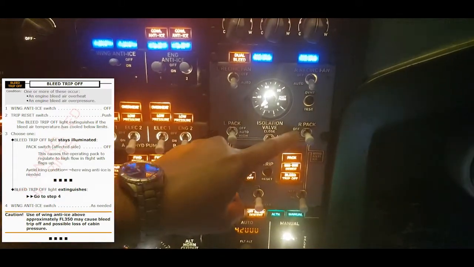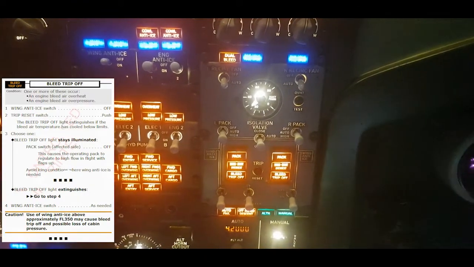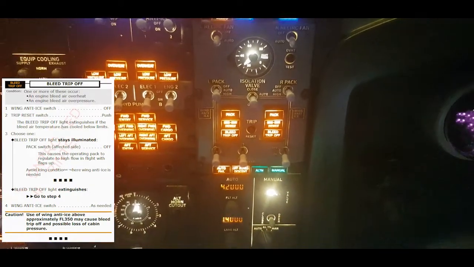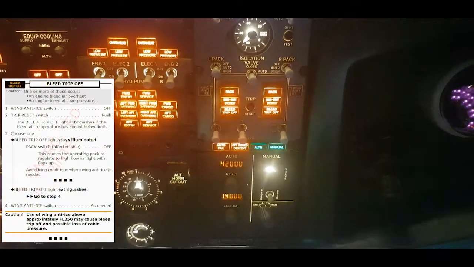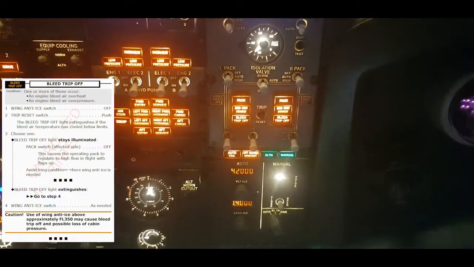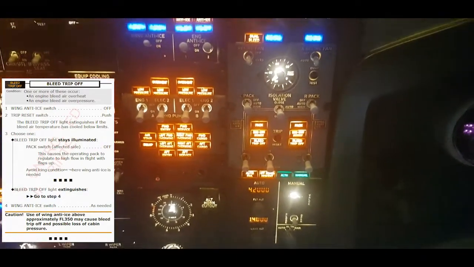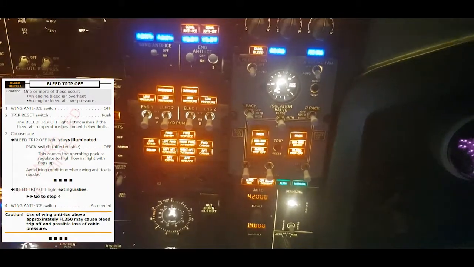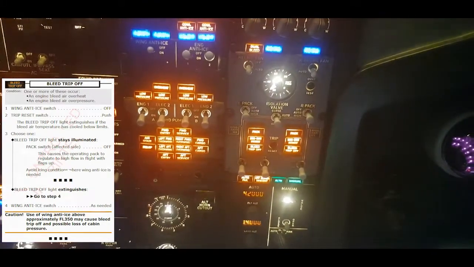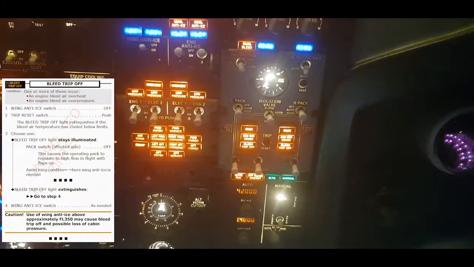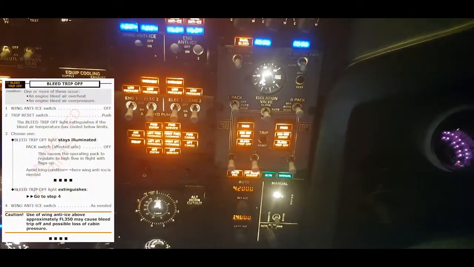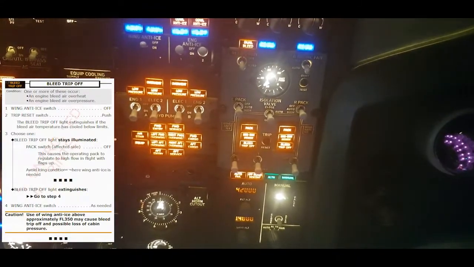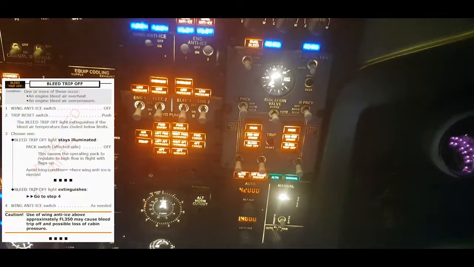This causes the operating pack to regulate to high flow in flight with flaps up. Avoid icing conditions where wing anti-ice is needed. The other option we have is if the bleed trip off light extinguishes. In this case, we'll go to step 4, which says wing anti-ice switch as needed.